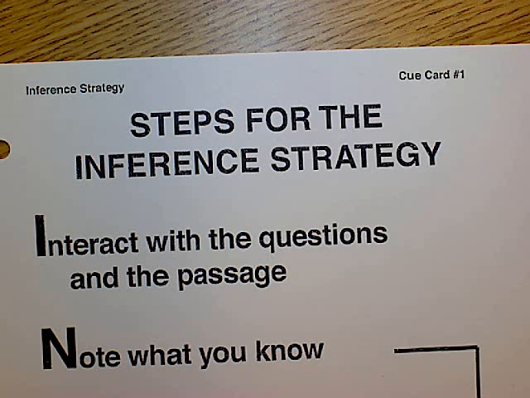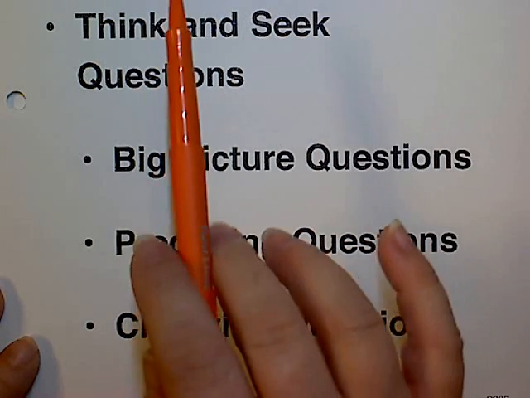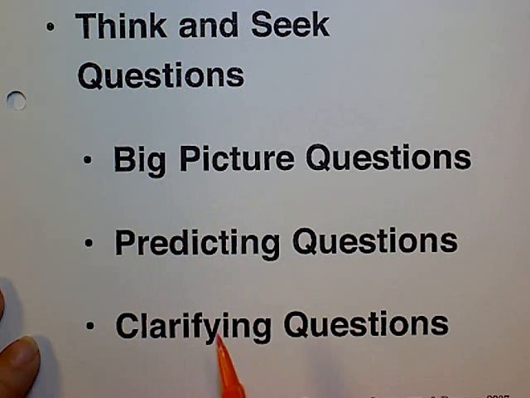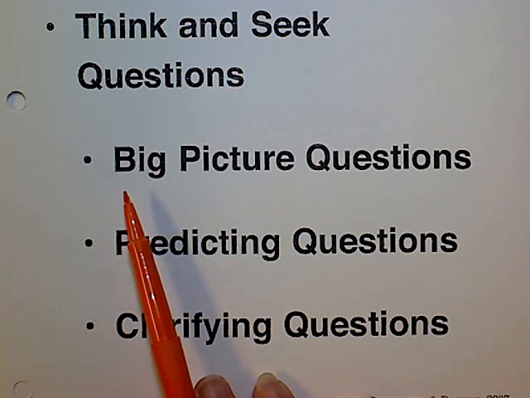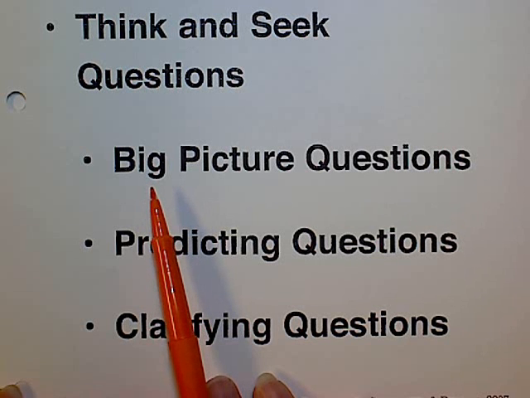This time, we are going to look at the think and seek questions. We're actually going to run into 3 types of those. So we have factual or think and seek, and then there are 3 types of think and seek questions.